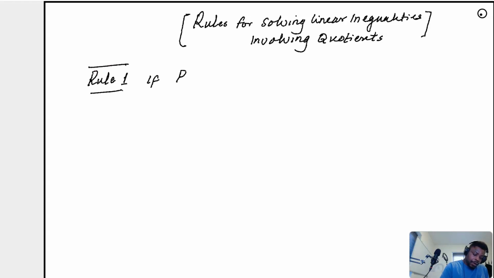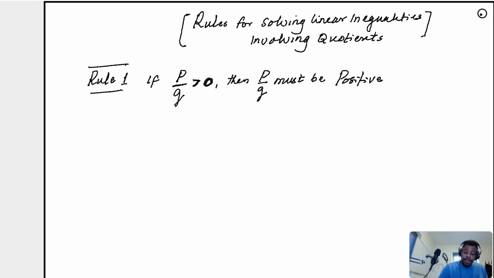If P over Q is greater than 0, remember, it's greater than 0, then P divided by Q must be positive.